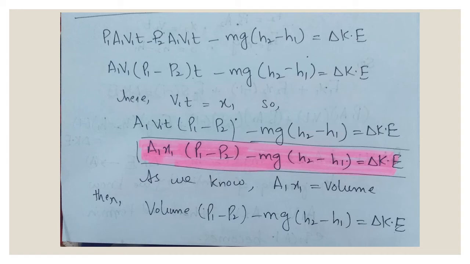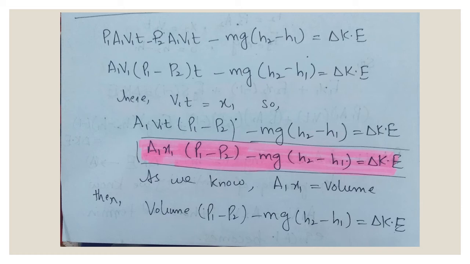Taking A1 V1 common, A1 V1 into P1 minus P2 into t minus mg into h2 minus h1 is equal to the change in kinetic energy. Here you know V1 t is equal to x. So A1 V1 t into P1 minus P2 minus mg into h2 minus h1 is equal to the change in kinetic energy. Substituting the value, we get A1 x1 into P1 minus P2 minus mg into h2 minus h1 is equal to the change in kinetic energy.